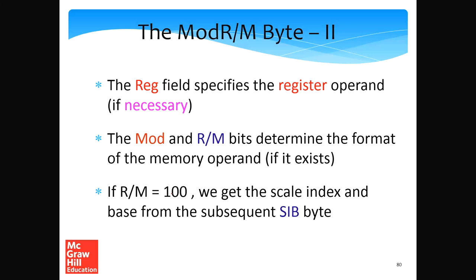If R/M is equal to 100, which is the encoding for the stack pointer, this tells the hardware to use the scale index base byte, the SIB byte, to look for the encoding of the instruction.